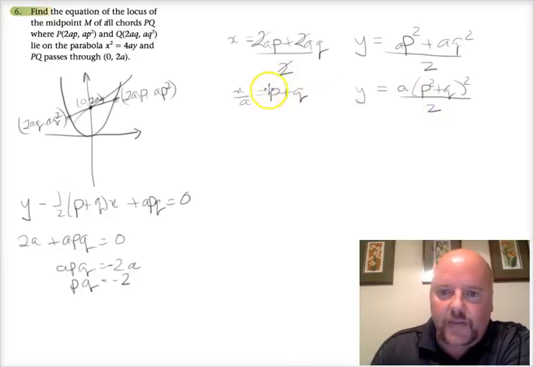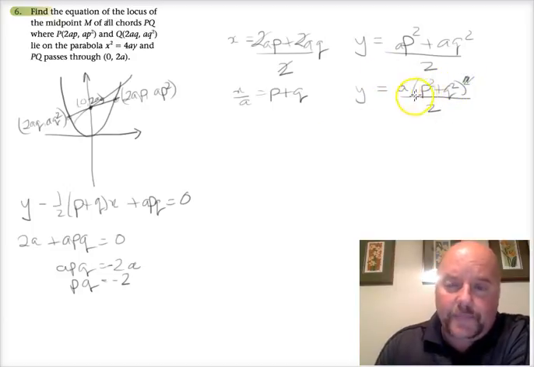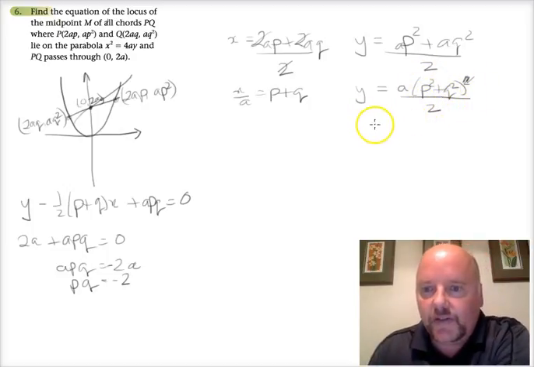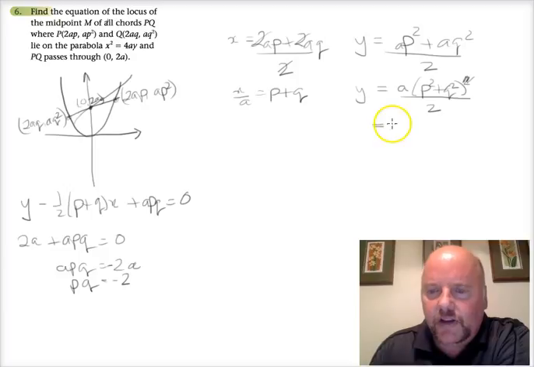Now, if I had a p plus q in here, I could substitute that in, but I don't. Oops, that's a square there, that's not there. But I know how to write p squared plus q squared in a slightly different way. So this is a little trick you can do. You go a outside of, so it's going to be p plus q all squared minus 2pq all over 2.